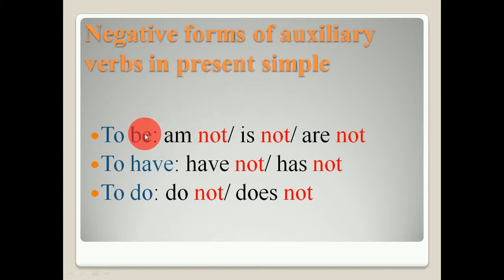So نجي نحط not with the auxiliary to be. Am not, is not, are not. Auxiliary to have قلنا يعطينا has ولا have. تقول لي have not, has not. Auxiliary to do not, does not. Okay.